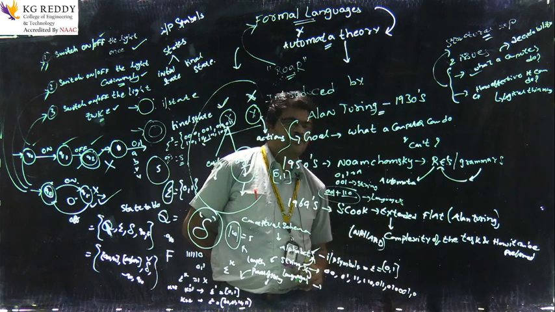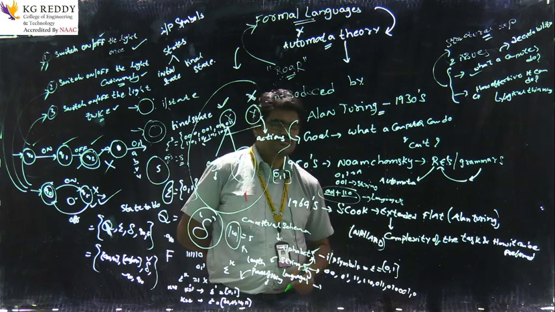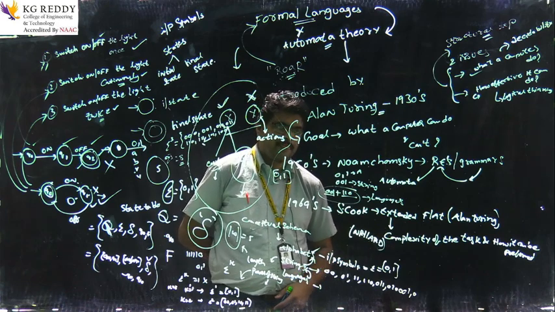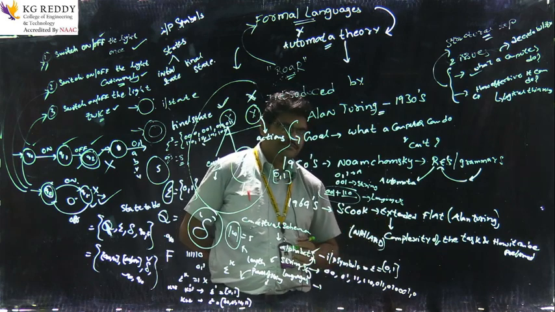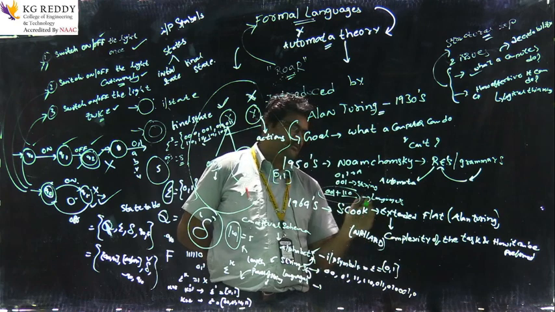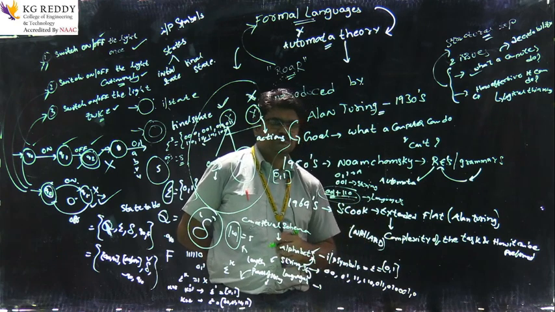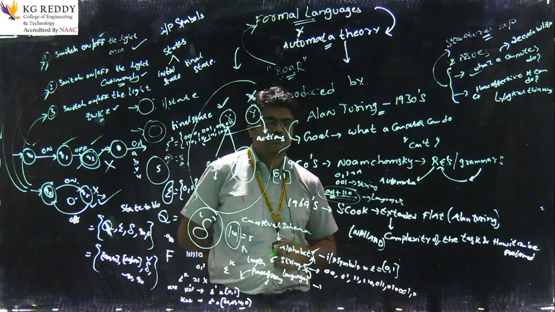Do not think a language is only a natural language; it can also be represented as a regular expression and as a grammar. So a language is a group of strings. This is the basic concepts of formal languages and automata theory.